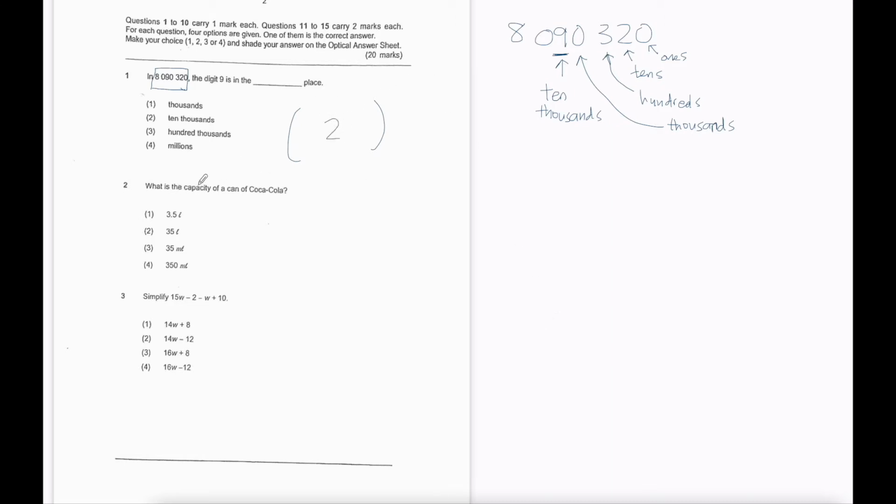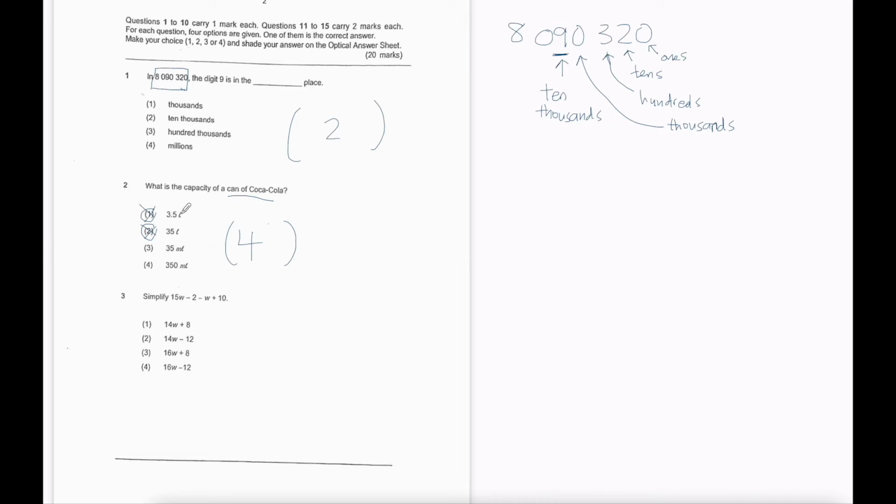What is the capacity of a can of Coca-Cola? I believe all of you guys here have drank soft drinks. So a can of Coca-Cola will never be this amount. Neither will it be this amount. So 35 ml, it's too little. So it is usually 350 ml. Sometimes we get 330 ml, but it's always along there.